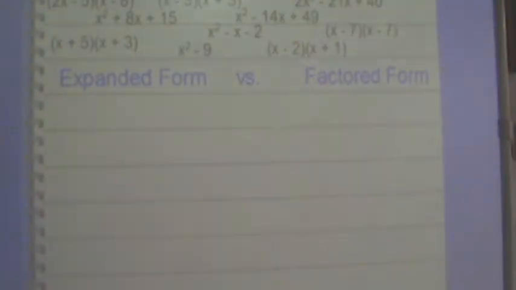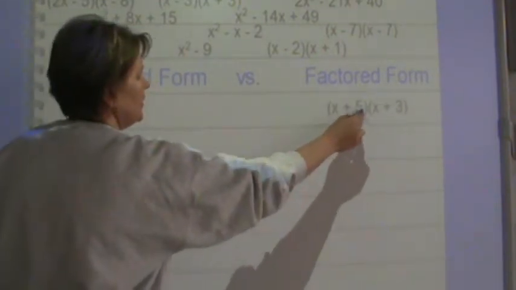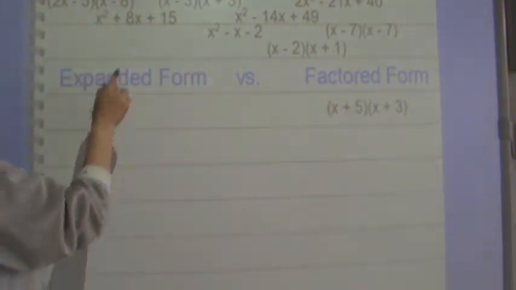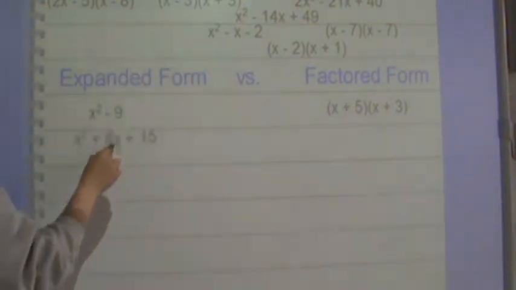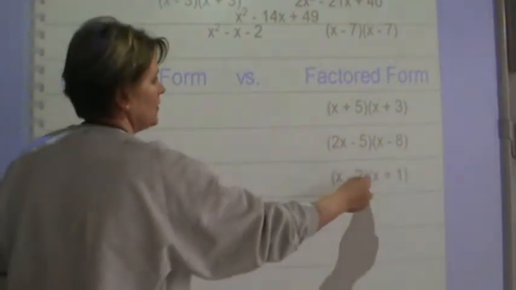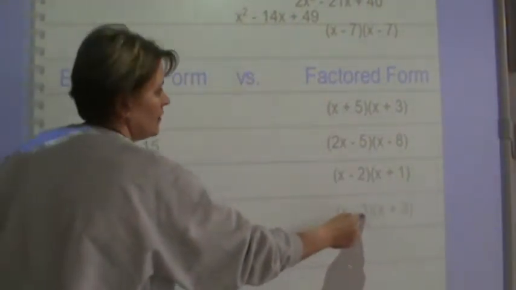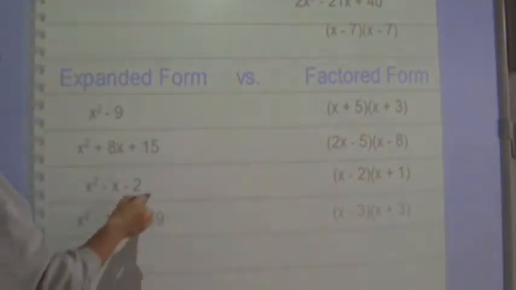Okay, so I'll just show you which ones are which. This is factored. This is expanded. Not necessarily equal to each other. Factored. This would be factored. This is expanded. Factored. Expanded.